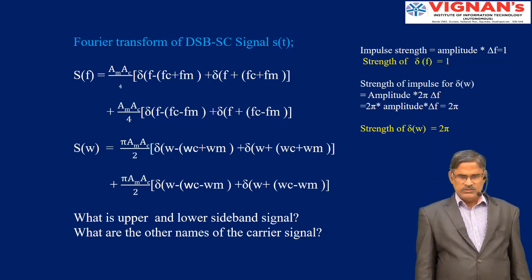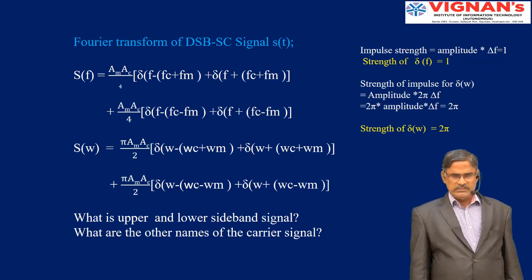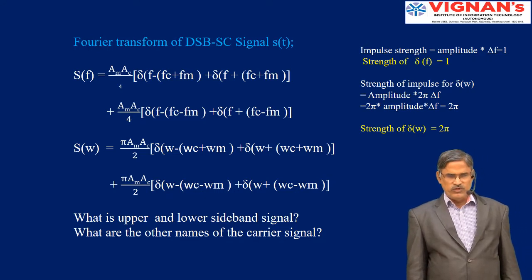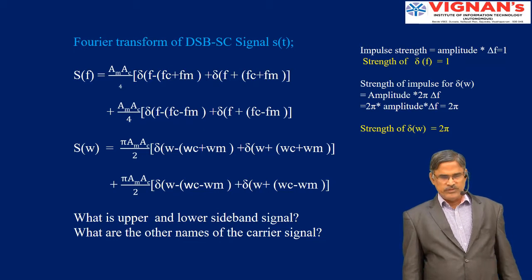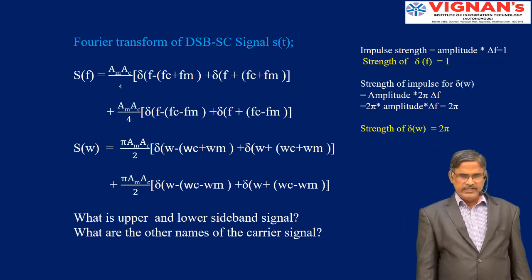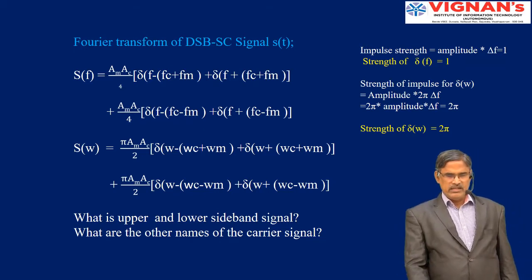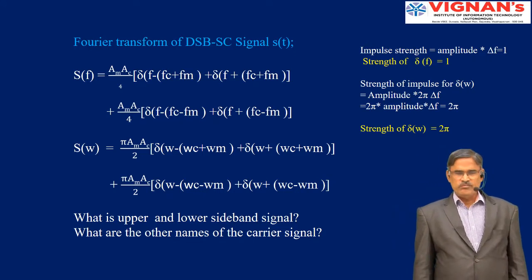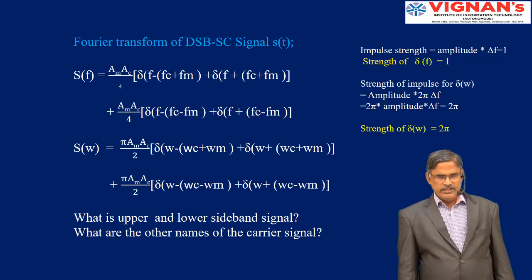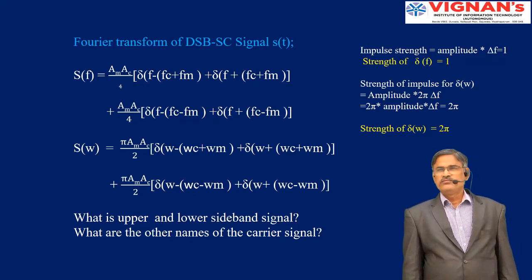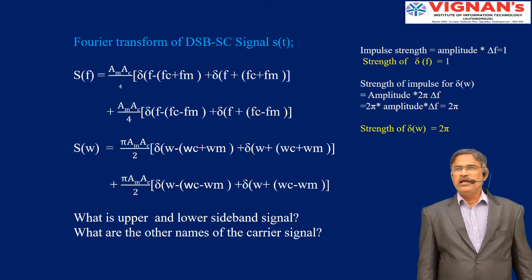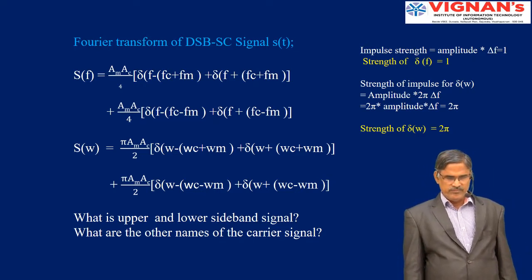So that gives two impulses of strength Am Ac by 4 at fc plus fm and minus of fc plus fm. That is indicated in the first line of the Fourier transform of S(f). And the second frequency component, the difference frequency component, gives two impulses of strength Am Ac by 4 at frequencies fc minus fm and minus of fc minus fm.